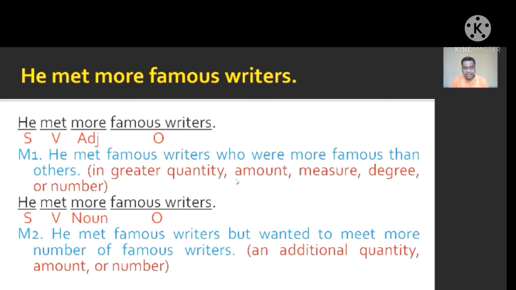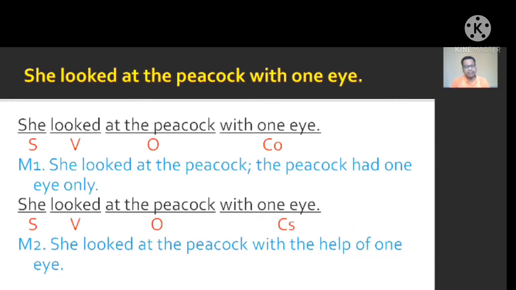So far, he met famous writers, but from the numerical point of view, the quantity point of view, he wanted to meet more famous writers. So this can be another meaning of this sentence. Now let us proceed with another example here on your screen.